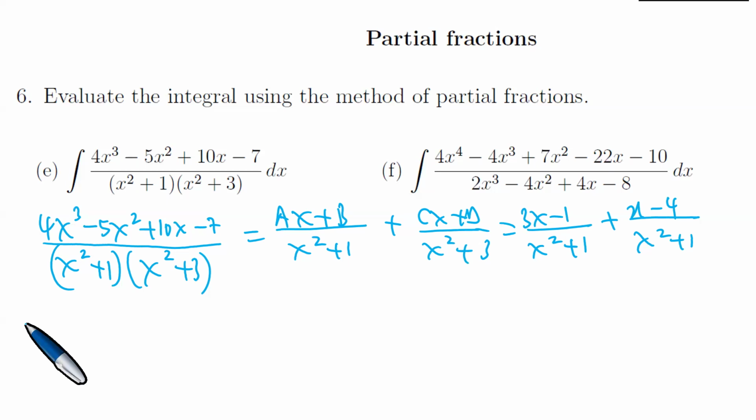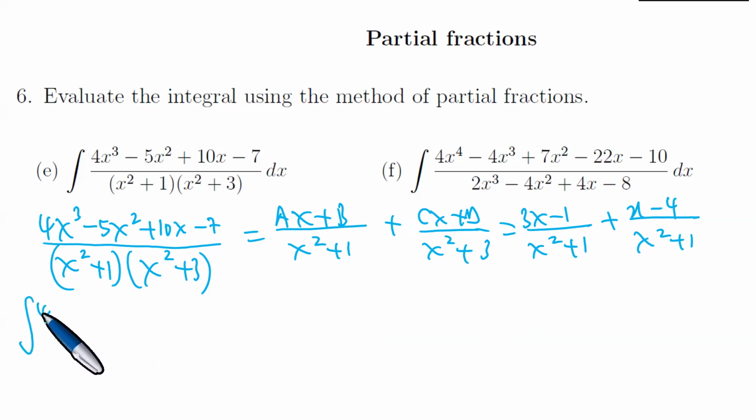Okay, we're just dealing with the integration of partial fractions. So now you'd have the (3x − 1) and the (x − 4). I must indicate that it is correct. I checked that this decomposition is correct, and therefore you can perform the integral.